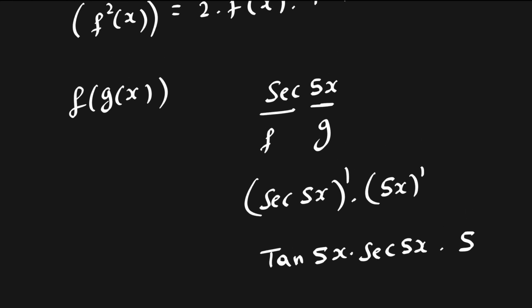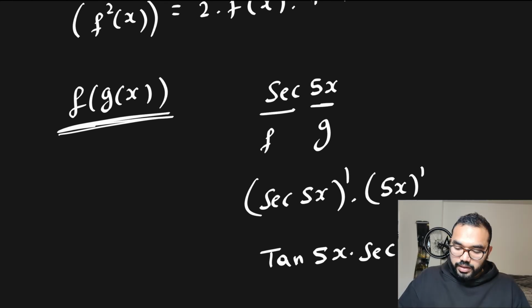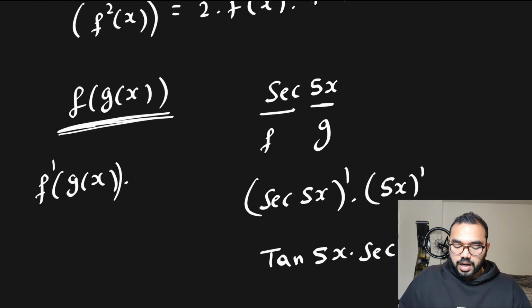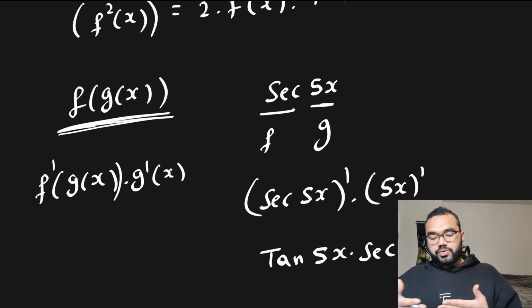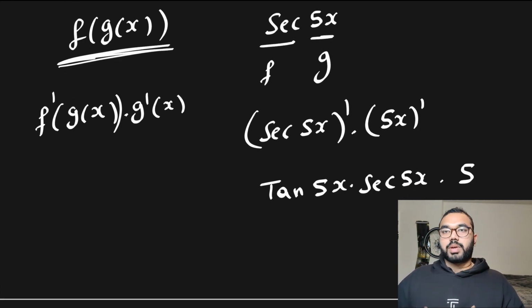So in the same way, if I am deriving f of g of x, what I'm gonna do is derive the outermost function, which is f prime of g of x, and now I have to derive the g function, so that is g prime of x. So f of g of x derivative is f prime of g of x times g prime of x.